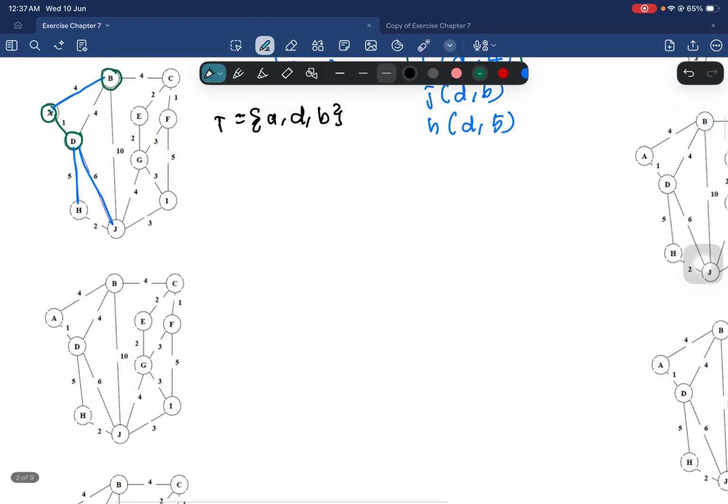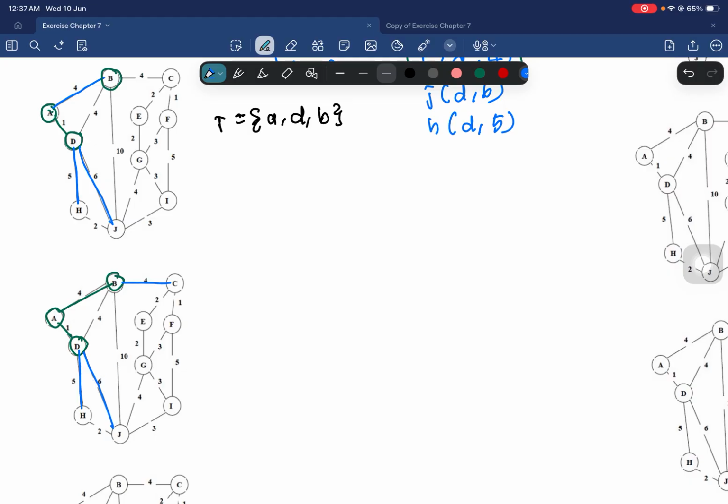Next, since we already have A, B, and D, we need to find what is connected to A, B, and D. So we have C connected to B. We have D connected to H. We have D connected to I and J. Also, we have B connected to J too, but which one is the shortest?